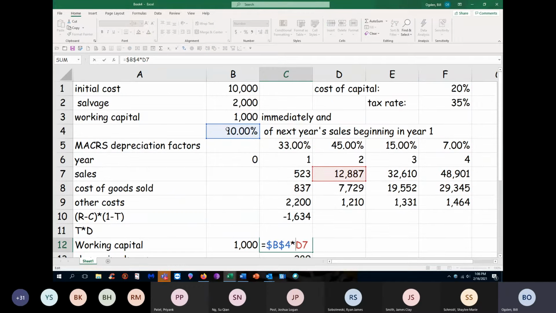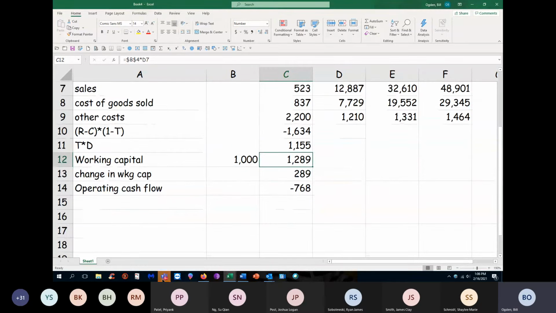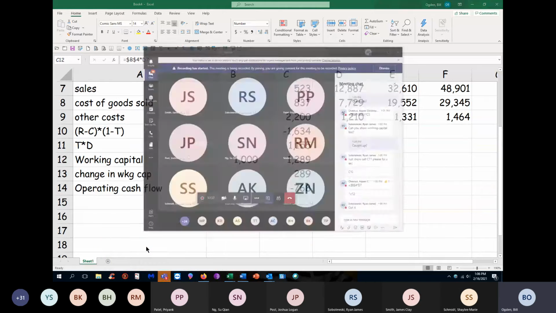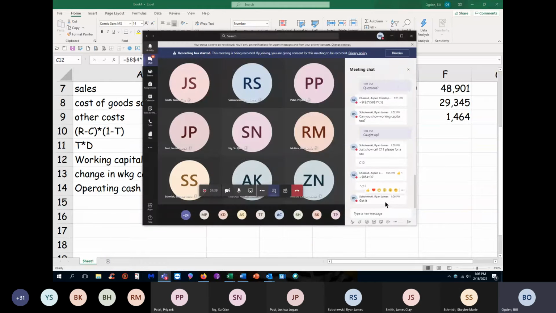So the story says that it will be 10% of the following year's sales. And that's correct. What am I not answering? Let me see. Got it. All right, wonderful. I'm not sure what this question is. Caret C12. Professor sure. Ogden, I was just saying that was the formula for C12. Oh, I see. Okay, thank you. Yep. I'm with you. Gotcha. Okay, so that's helpful. Thank you.